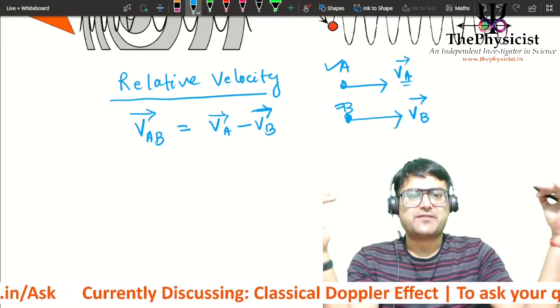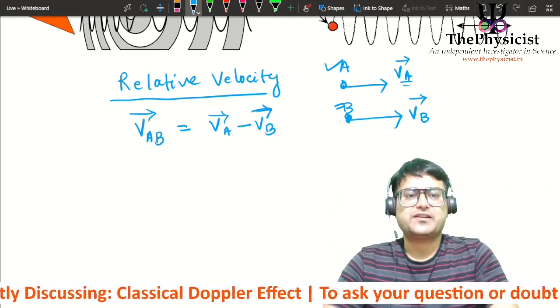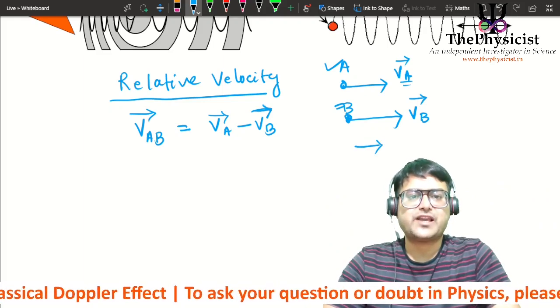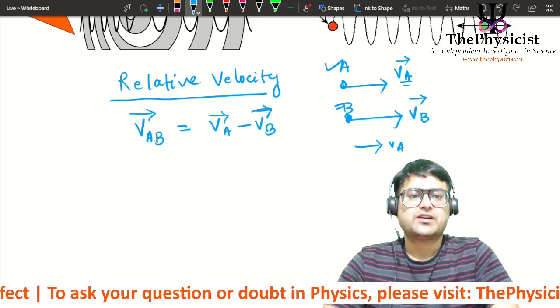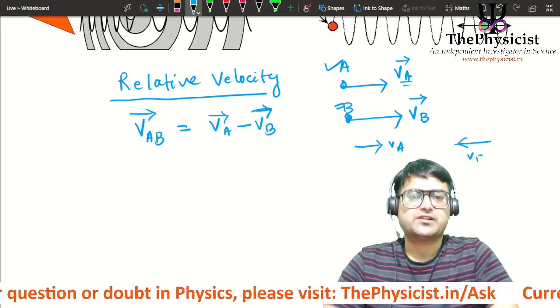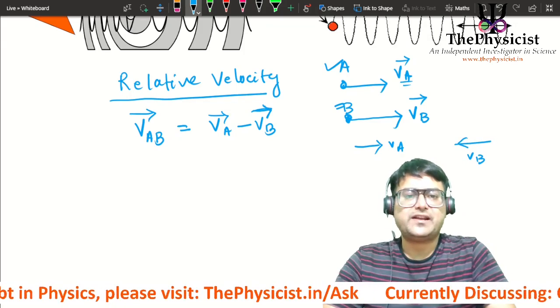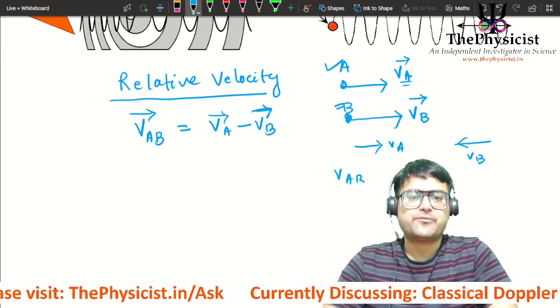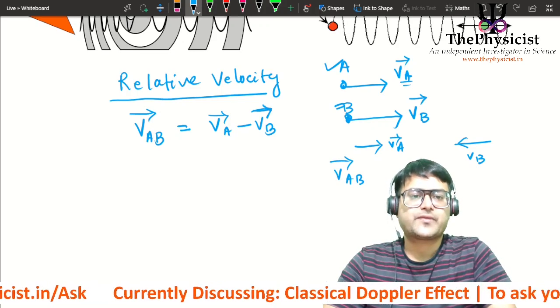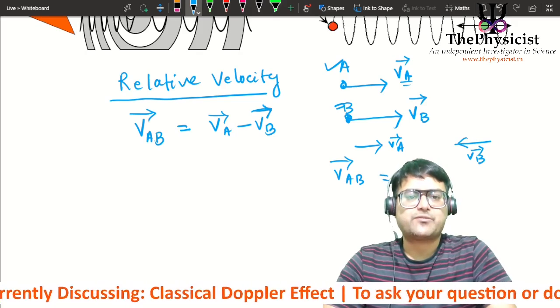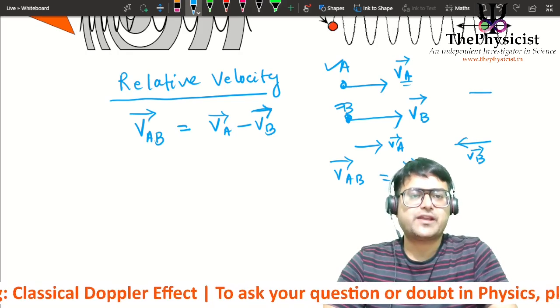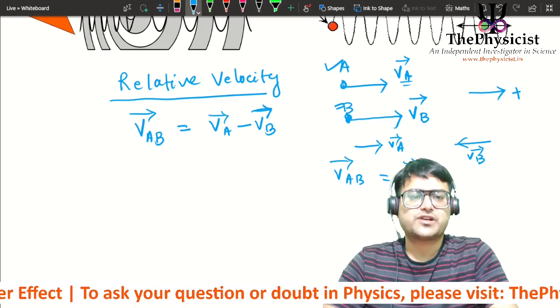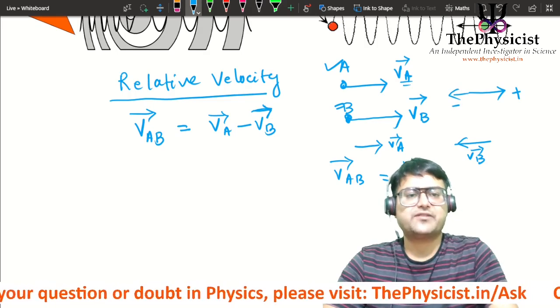But if they are traveling in opposite directions, suppose vA is in this direction and vB is in this direction, then when I write vA minus vB, vA is positive if I'm taking the right-hand side as the positive direction and the left-hand side as the negative direction.